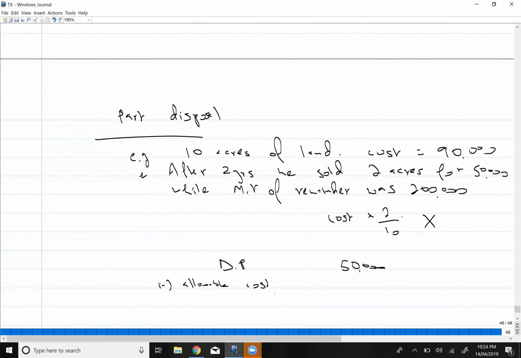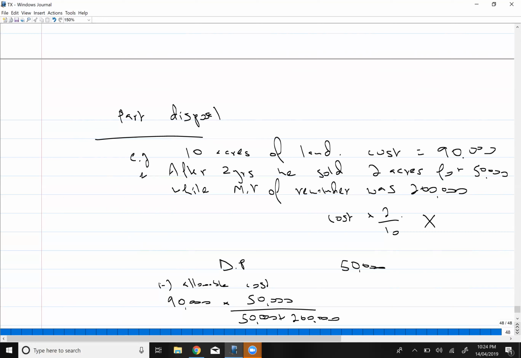From this you will minus allowable cost. Allowable cost will be computed by using a formula: total cost, that is 90,000, multiplied by DP, which is 50,000, divided by DP, which is 50,000, plus market value of remainder, which is 200,000.